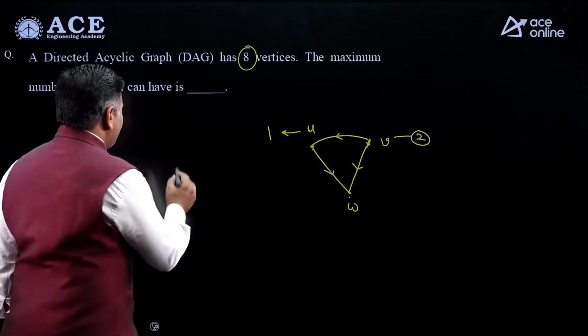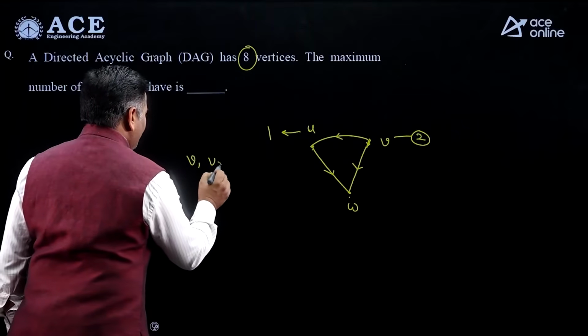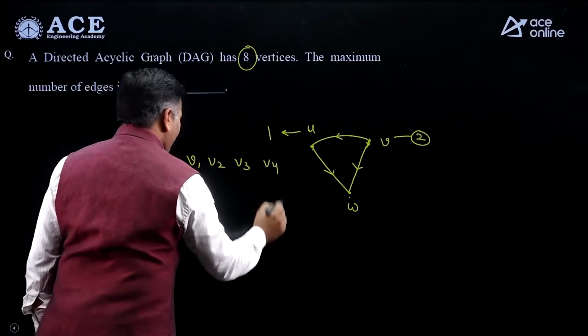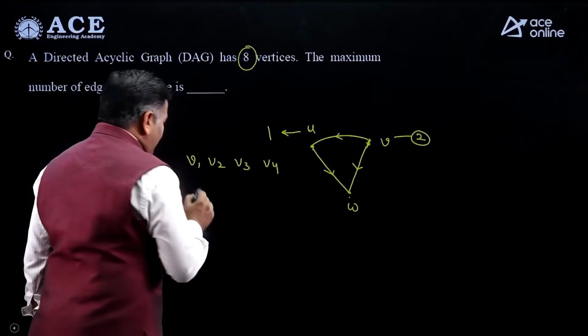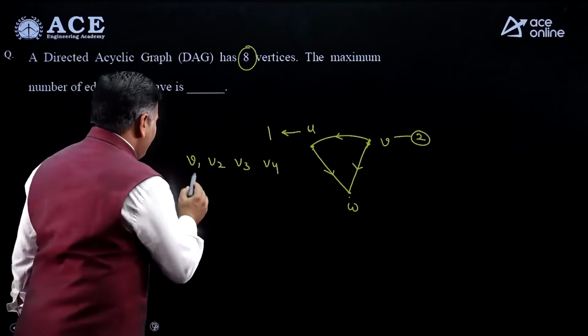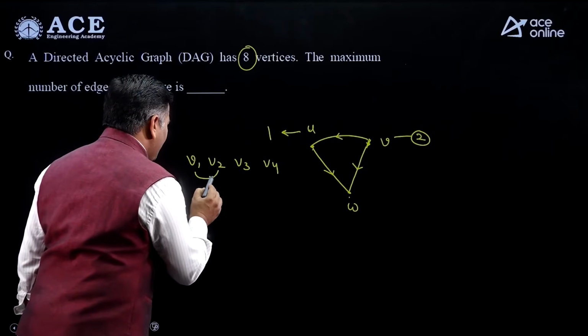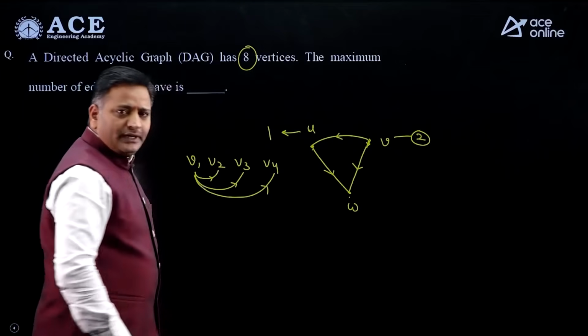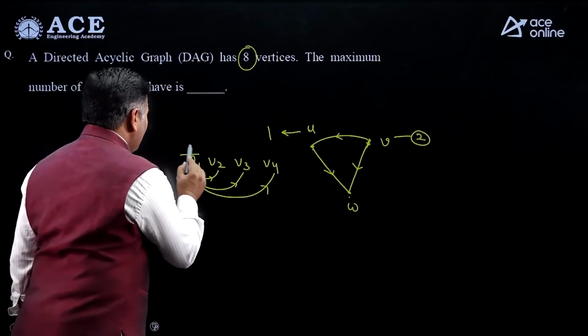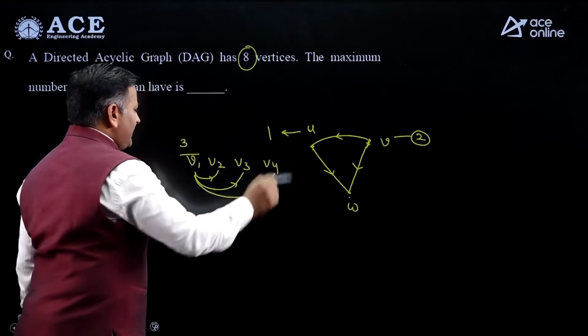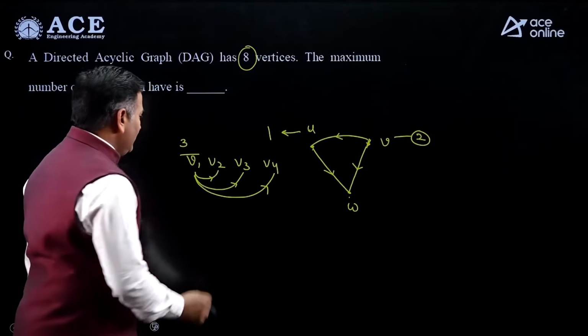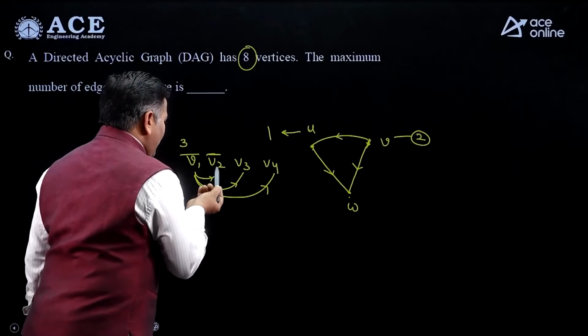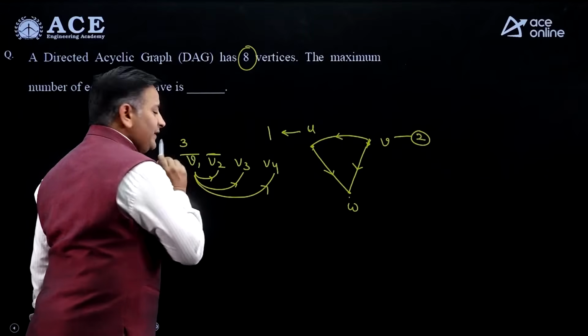What I am trying to say is, for example, if I have v1, v2, v3, v4, then to make a directed acyclic graph, v1 can have edges from v1 to v2, v1 to v3, v1 to v4. Right, friends? So v1 can make edges with the remaining three vertices. But v2 cannot have an edge from v2 to v1.